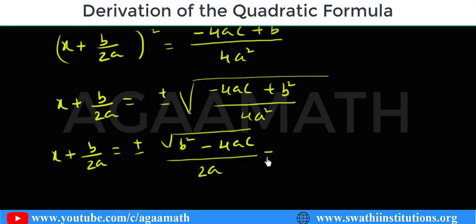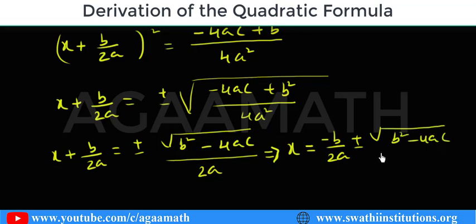Finally we can write x equals, transferring this b by 2a towards the RHS, minus b by 2a plus or minus under root b square minus 4ac by 2a.